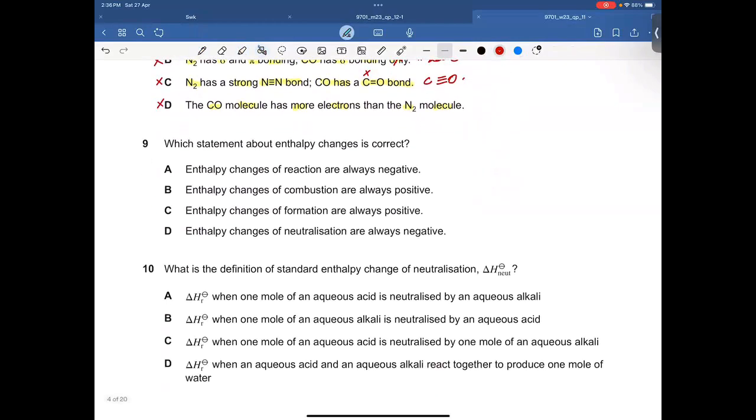Question number 9. Which statement about enthalpy change is correct? Enthalpy change of reaction are always negative. Not really, because for some reactions, it could be positive. Because it varies from compound to compound.